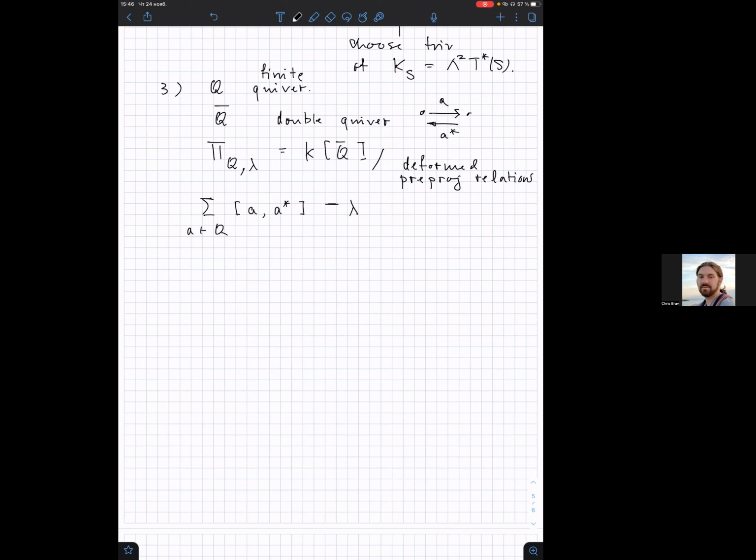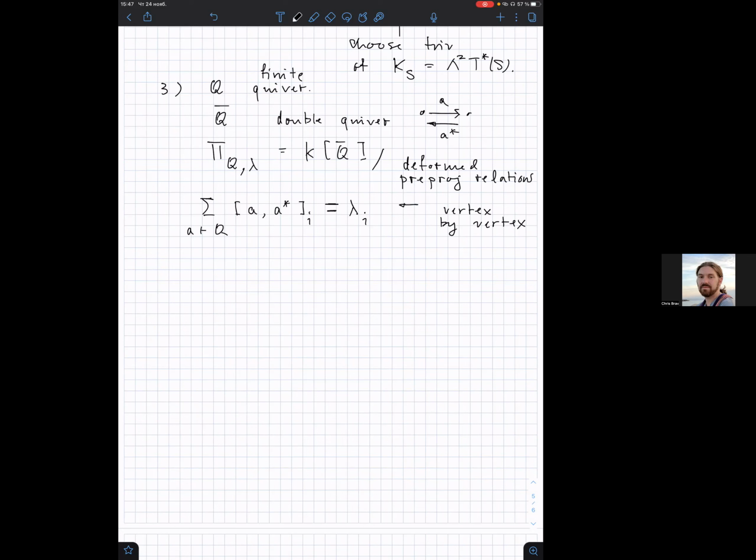Here, if I look at A followed by A star, that's a loop at some point, and so I can put a scalar at that point. So I should do this component by component, vertex by vertex. I want those to be equal to 0, or I want this to be an equality. These are called the deformed preprojective relations.